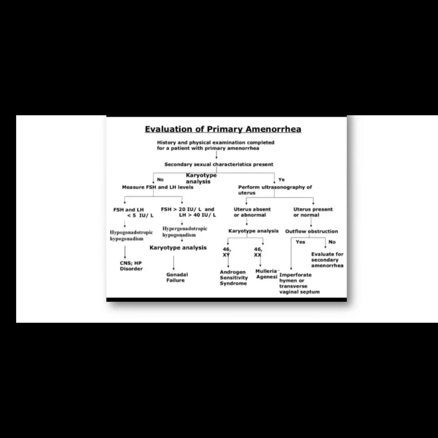The patient is having hypothalamic pituitary disorder or any CNS disorder. If the follicle stimulating hormone is more than 20 international units per liter and luteinizing hormone is greater than 40 international units per liter, it means the patient is having hypergonadotrophic hypogonadism. Then we will do the karyotype analysis to see whether the patient is having gonadal failure or not.